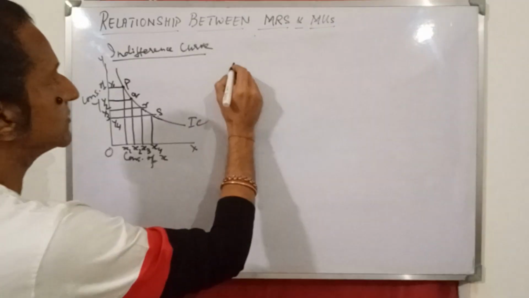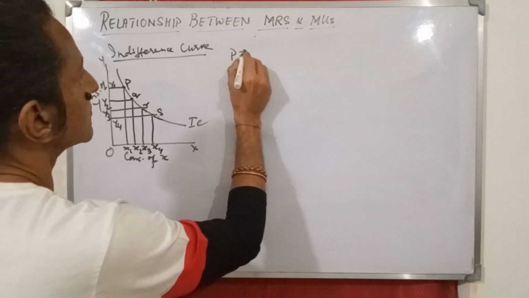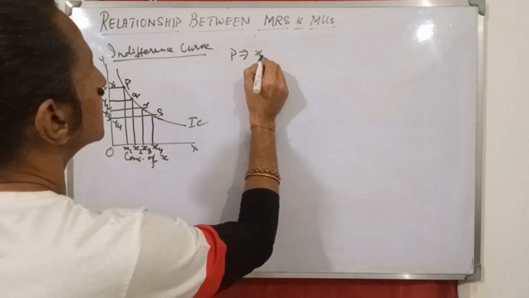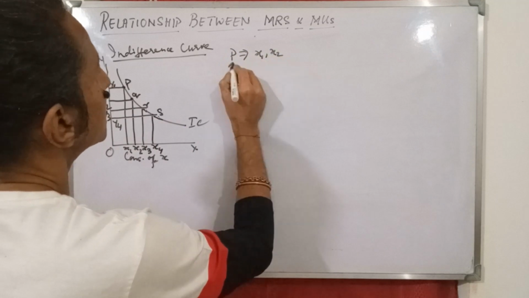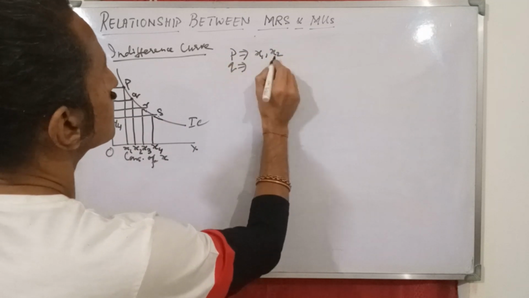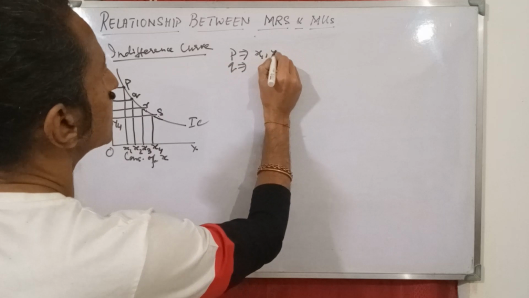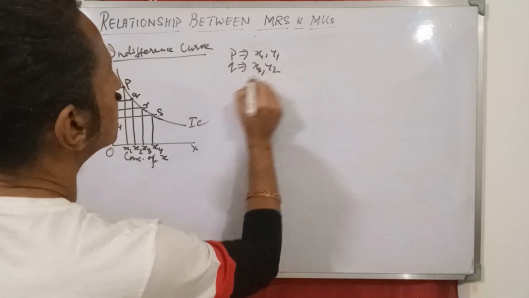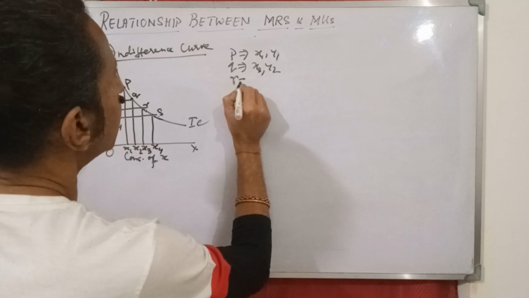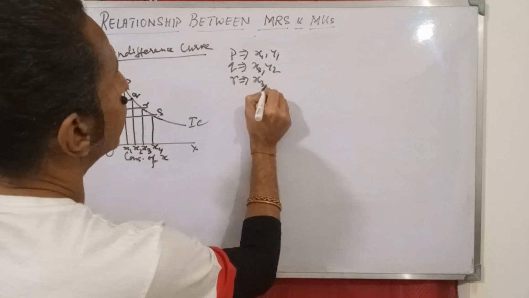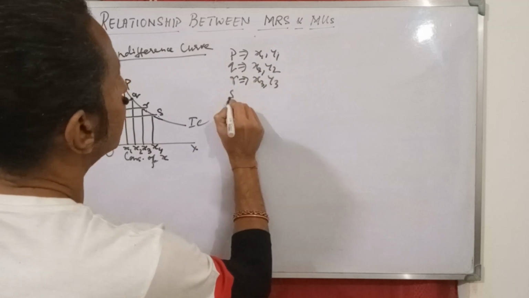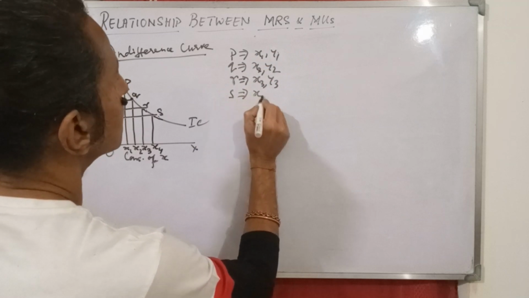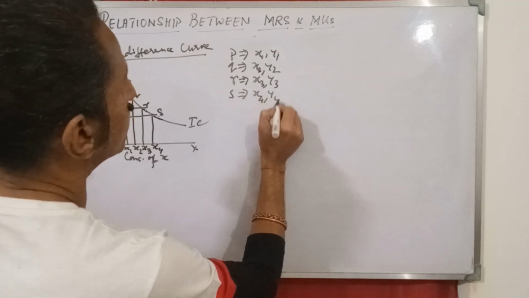So point P denotes X1, Y1, point Q denotes X2, Y2, point R denotes X3, Y3, and point S denotes X4, Y4.